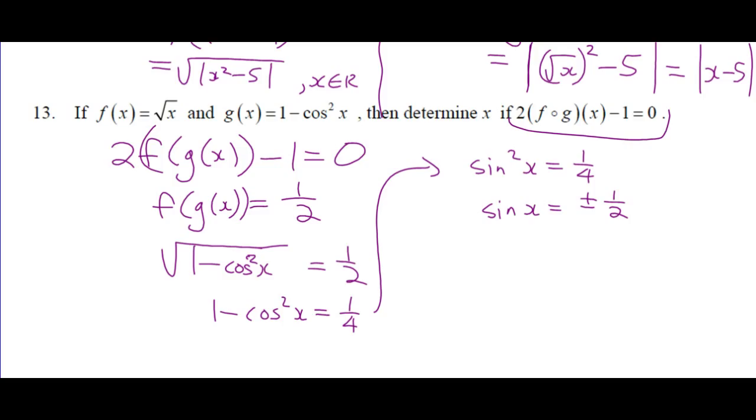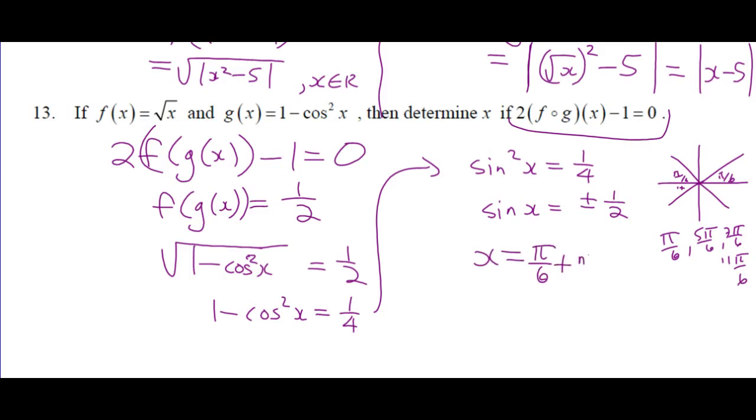So we want positive and negative 1/2, so x is pi over 6 plus, it's going to be like n pi, well, it's sketchy. So that's pi over 6, 5 pi over 6, plus or minus.